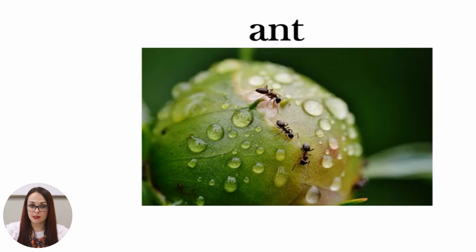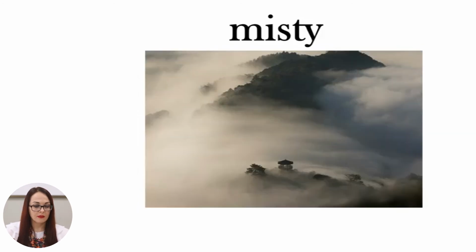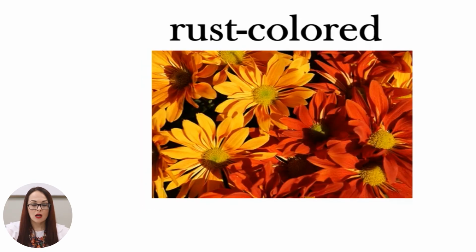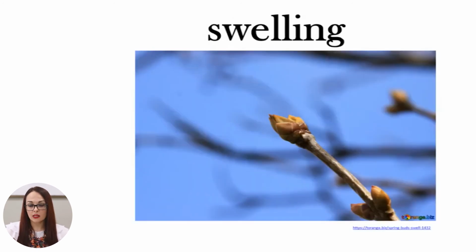Ant. The most hard-working insects are considered to be the ants and the bees. Misty. Most autumn days are quite misty. Rust-colored. The rust-colored leaves make a beautiful autumn carpet in most parks. Swelling.